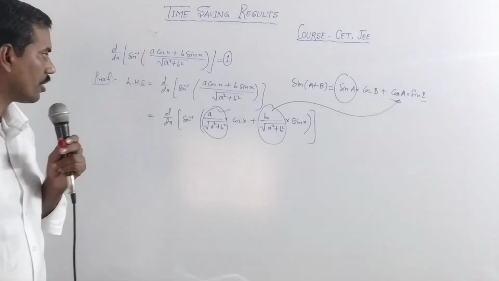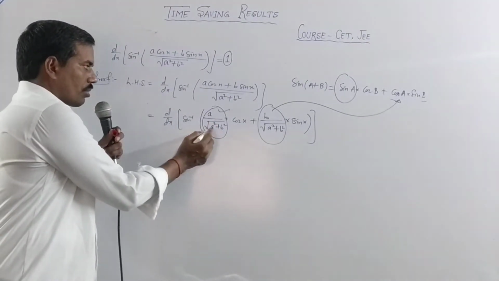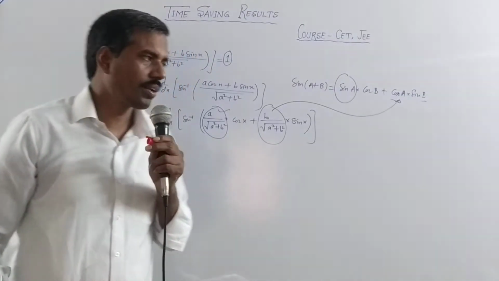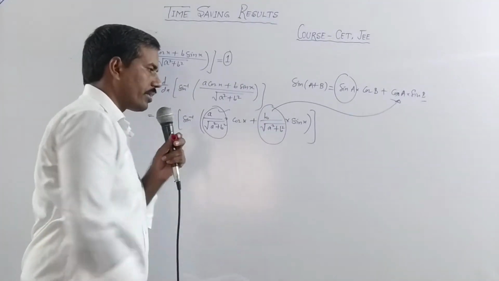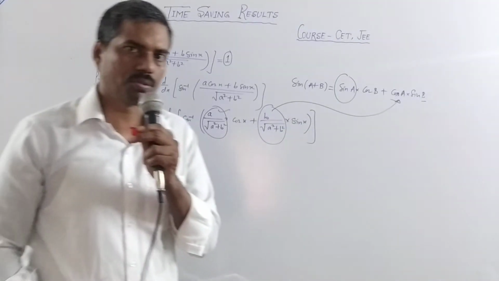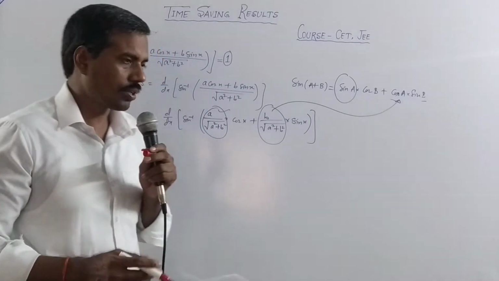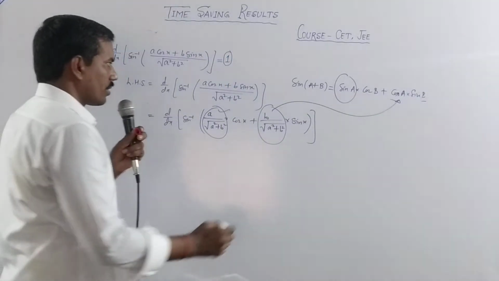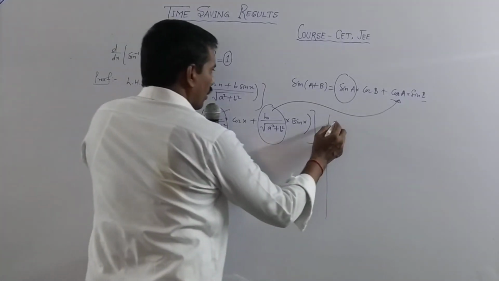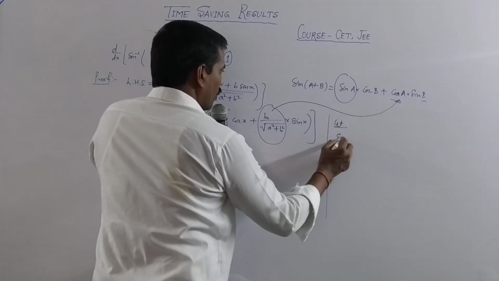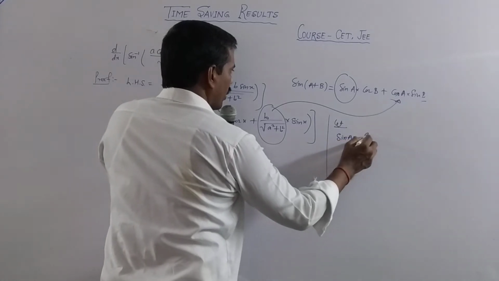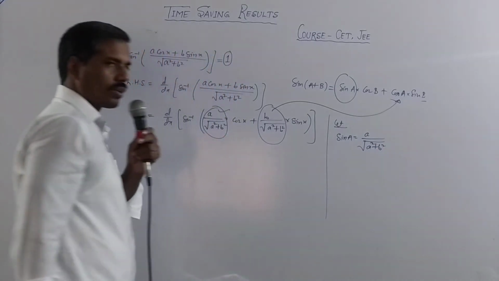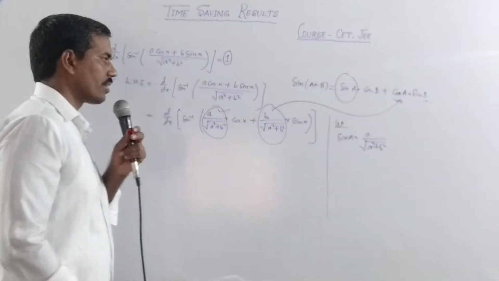I am repeating, if a upon under root of a square plus b square is assumed as sine a, then b upon under root of a square plus b square should be equal to cos a for using this format. Let us check this. Let sine a be equal to a upon under root of a square plus b square. We have to find cos a.